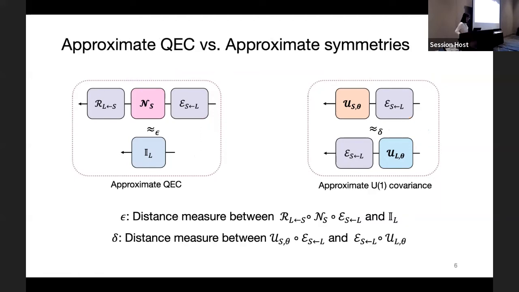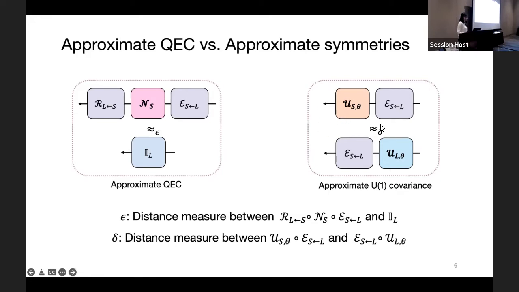So now we can take a look at the robustness of such incompatibility, or the quantitative trade-off between quantum error correction and symmetries. Here we can define the degree of approximate quantum error correction by using some epsilon, which is the distance measure between this error-corrected noise channel and identity.